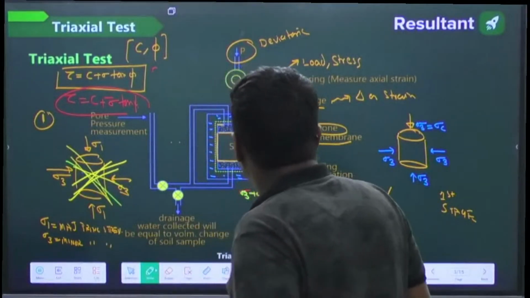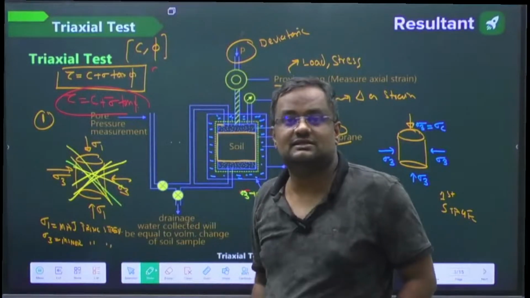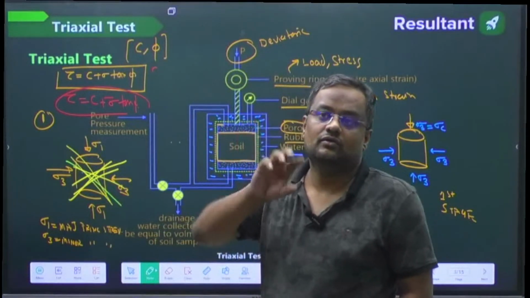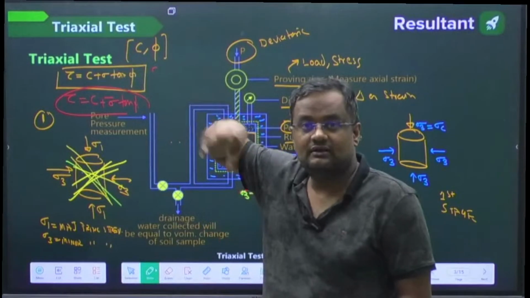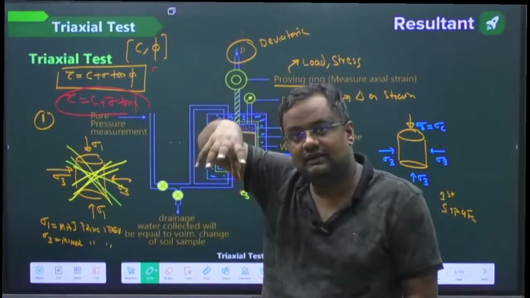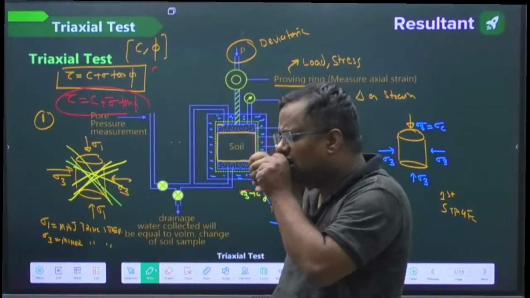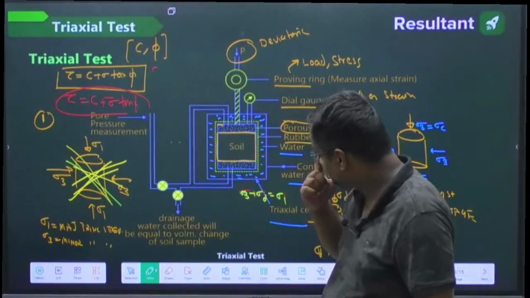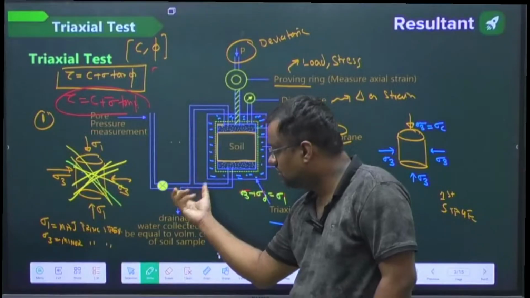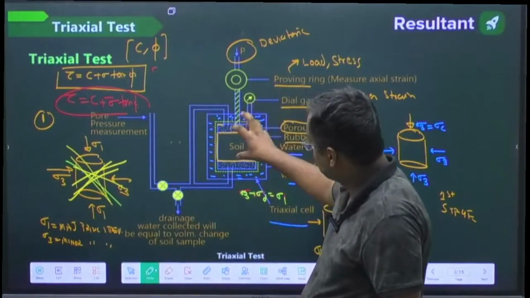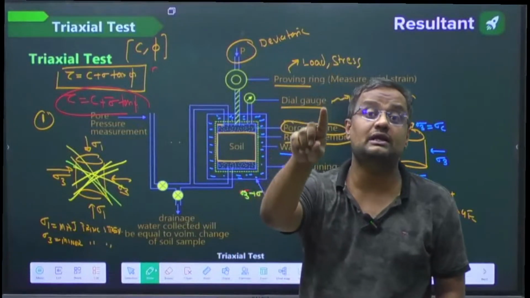Now, here we can test any condition in which water is allowed to move out, that is the consolidated test, and we can do the test in which water is not allowed to move out. Suppose this valve is open: whatever stress we apply on the soil, the water can go out. That means we are performing the consolidated test.